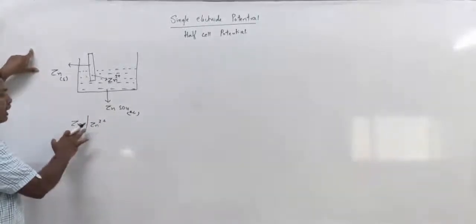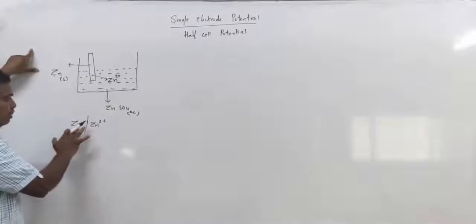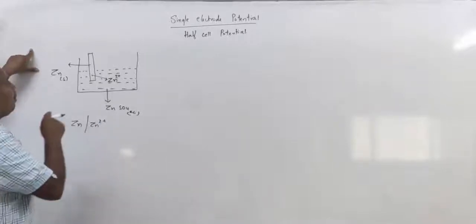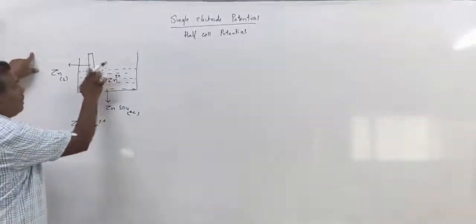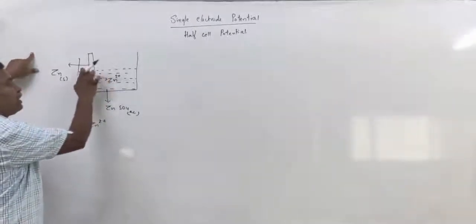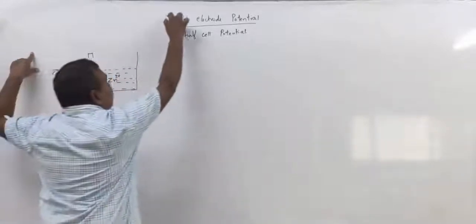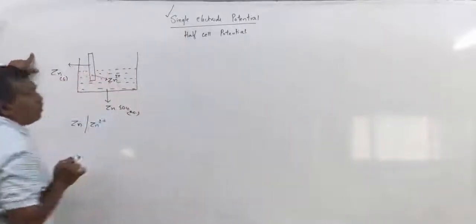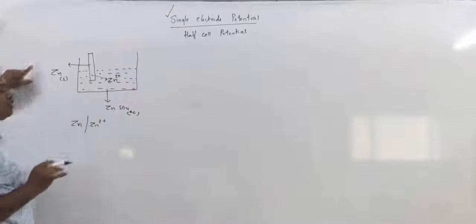Due to that tension, potential is developed between the two phases. The potential developed between the two phases is single electrode potential, also known as half cell potential.